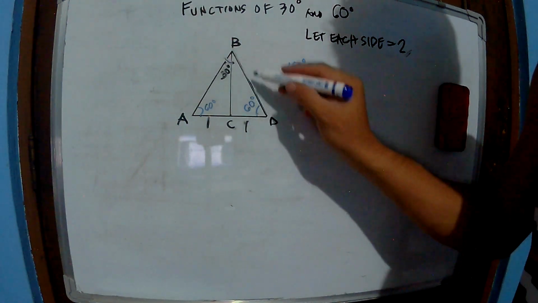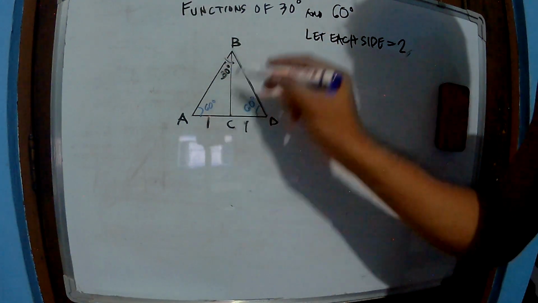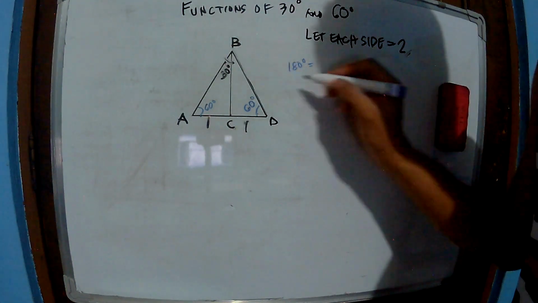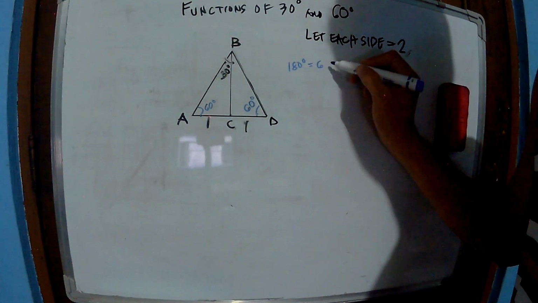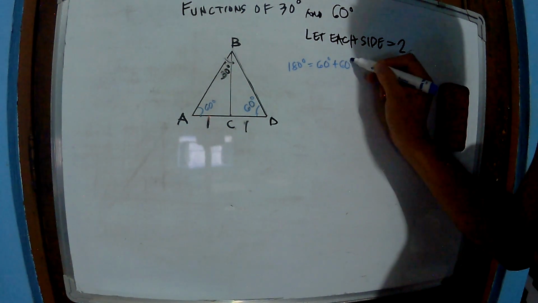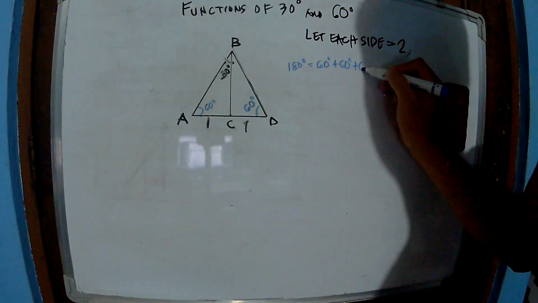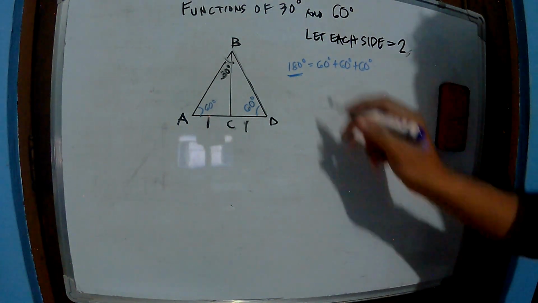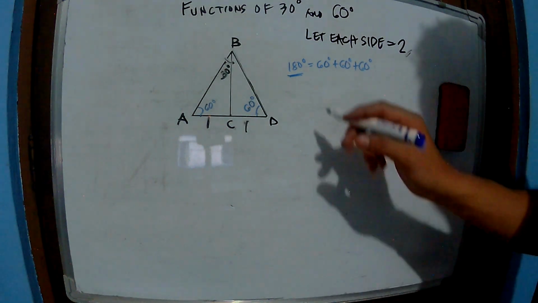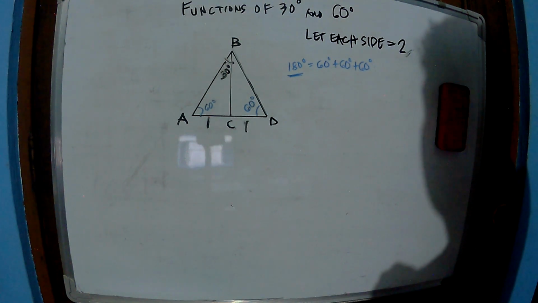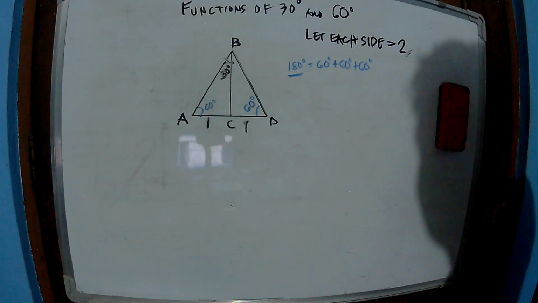Therefore, if this triangle is an equilateral triangle, each of the angles is equivalent to 60 degrees. Those three angles, therefore, the total sum of the angles is equal to 180 degrees.